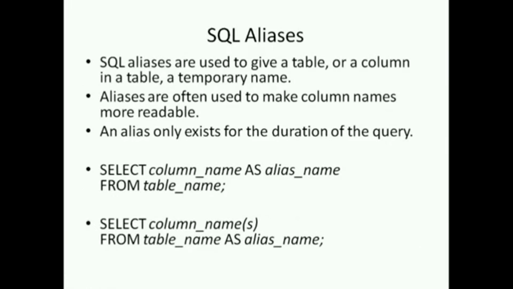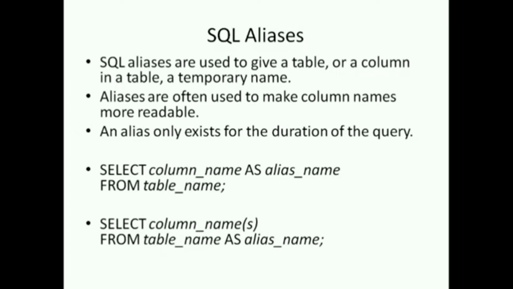So the next one is SQL aliases, and SQL aliases are used to give a table or a column in a table a temporary name. जब भी आपको एक temporary name देना है, सोच लो मेरा age है और मुझे उसको एक temporary name देना है person age. Only for that period of time. It will not be permanent, only for that operation. तब आपको इस SQL aliases का यूज करना है.